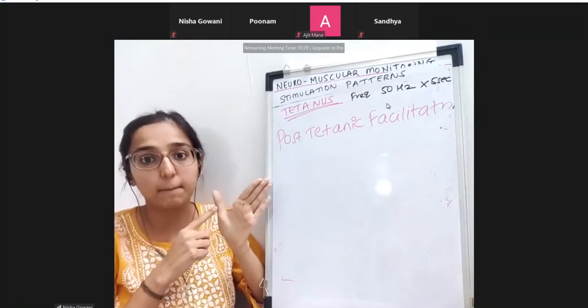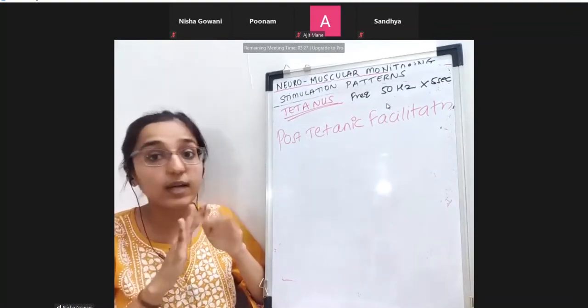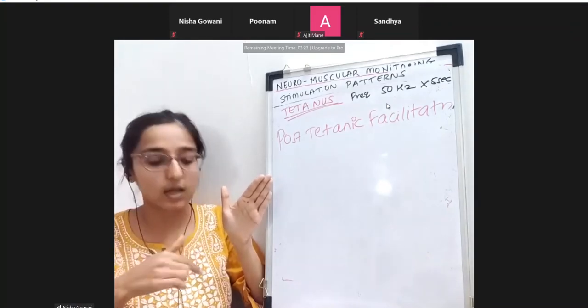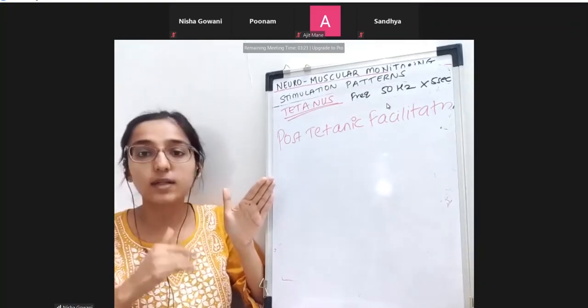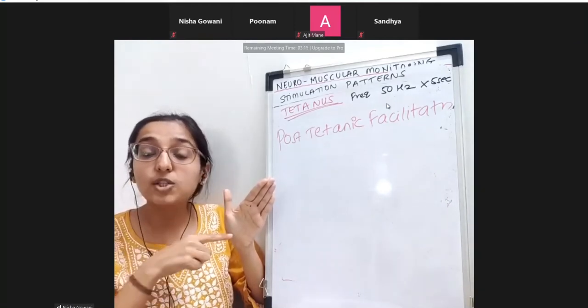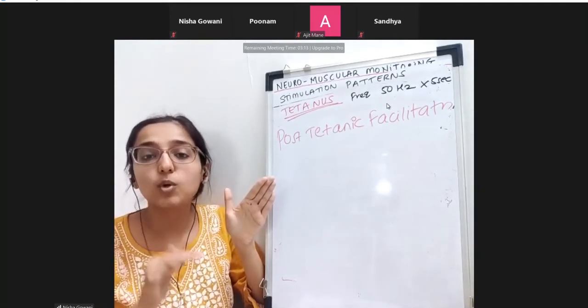If count doesn't come, I press again to recheck, nothing. So post-tetanic count is 0, which means that the patient is in a very deep neuromuscular block.